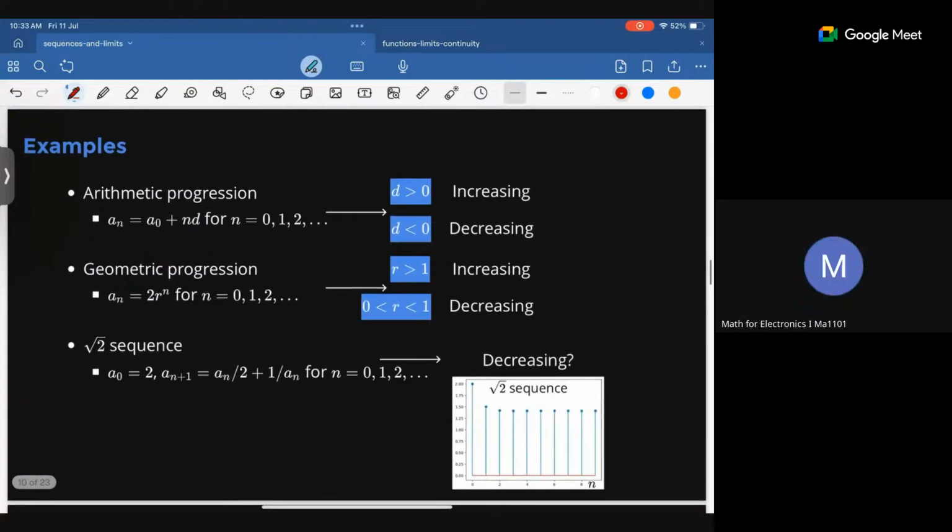All right, any other doubt? Where from do we define the root 2 sequence? It is named the root 2 sequence because the limit of this particular sequence goes to root 2. It came from, I guess, the early 1700s or 1600s.